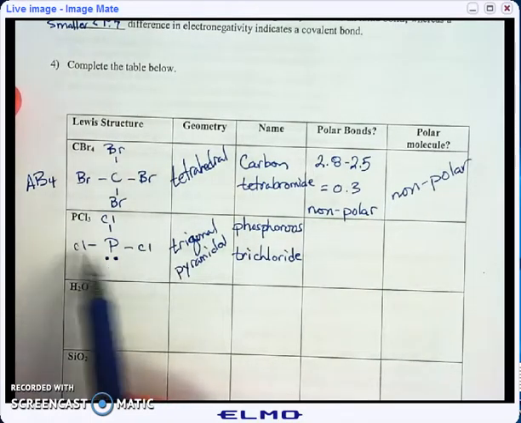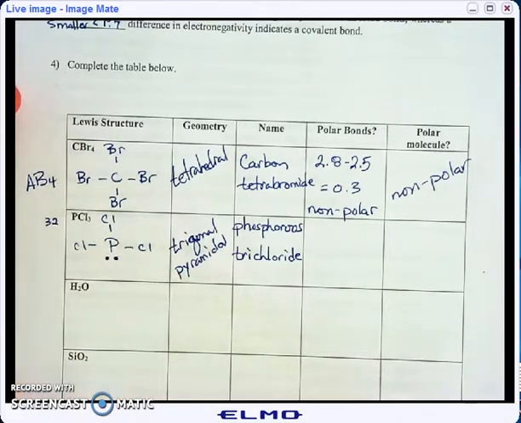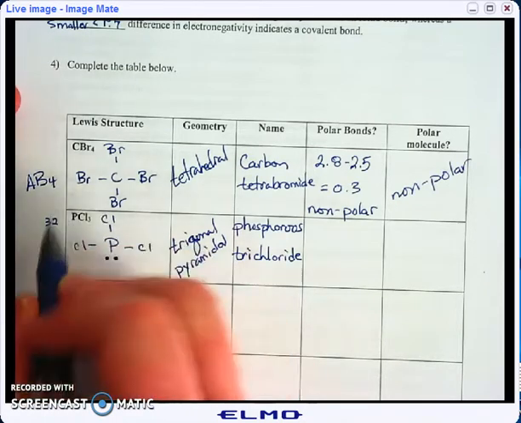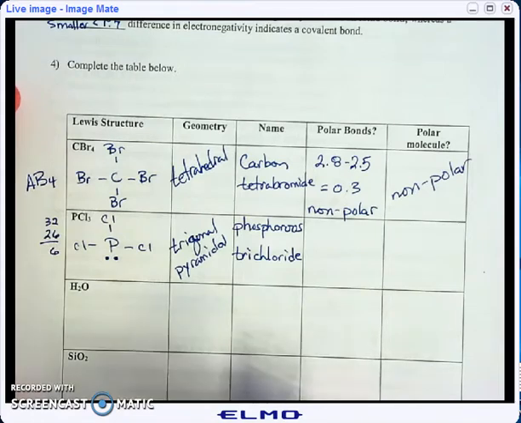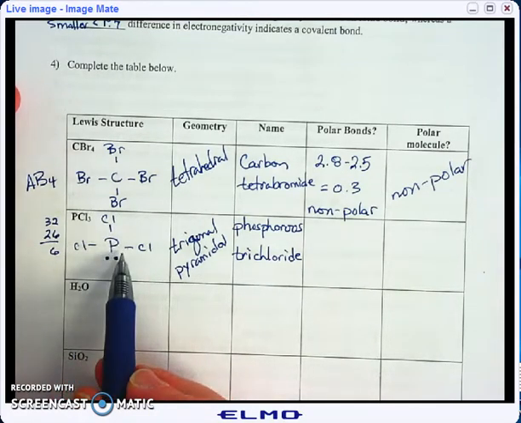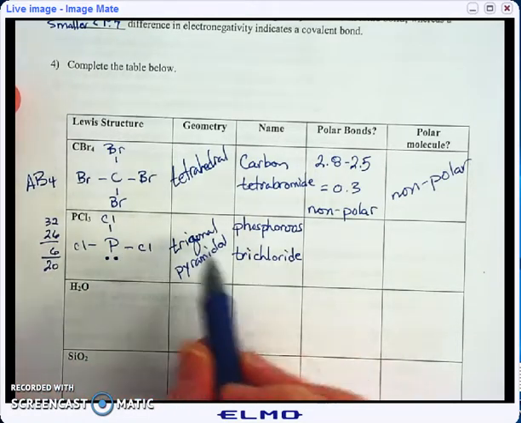So your N is 4 times 8, which is 32. Each chlorine has 7. 7 times 3 is 21. Plus 5 is 26. So they're going to share 6 electrons. 2, 4, 6. Okay? You okay with that? And then 26 minus 6 gives me 20 unshared.